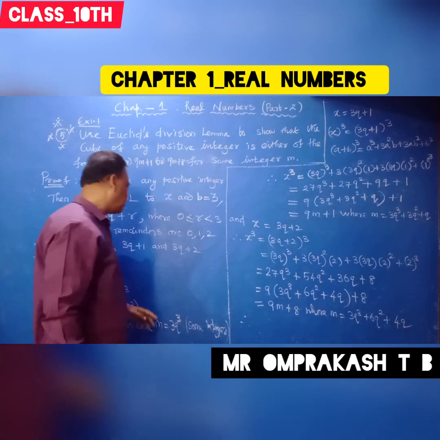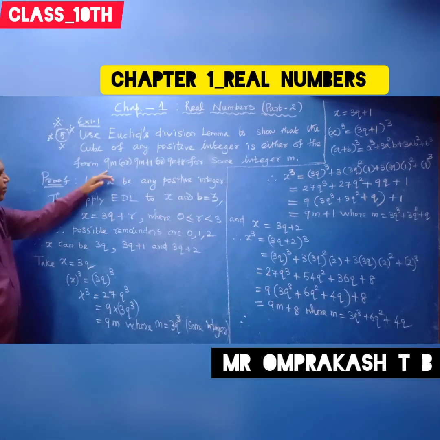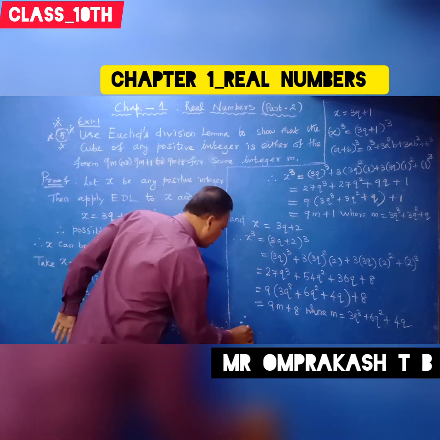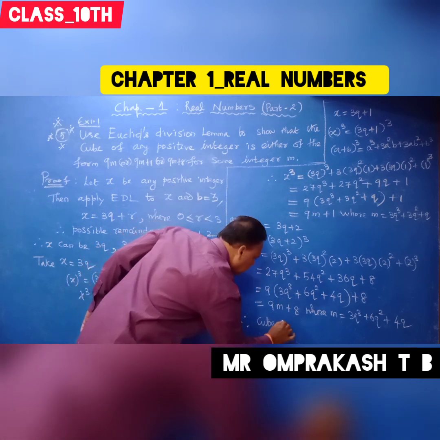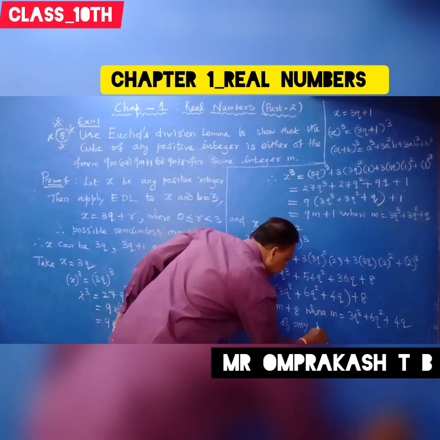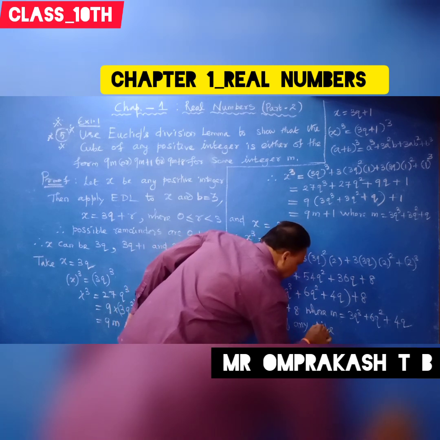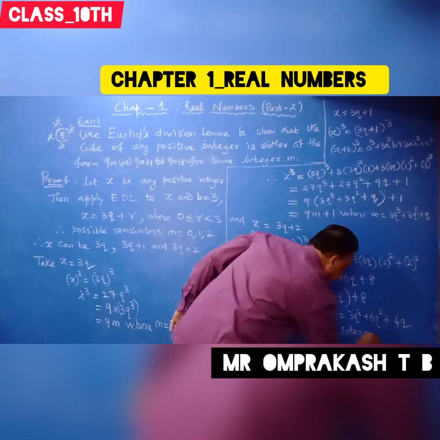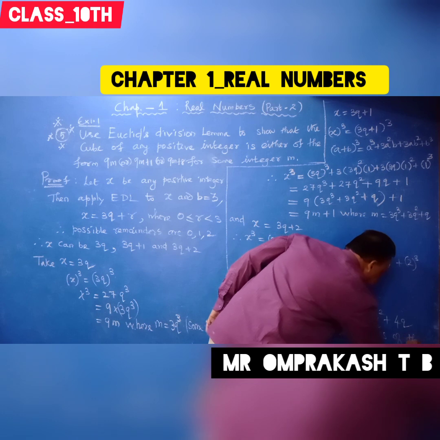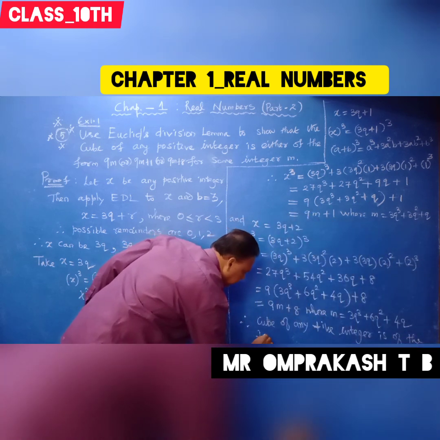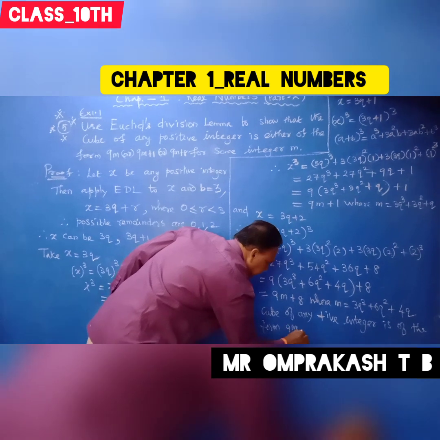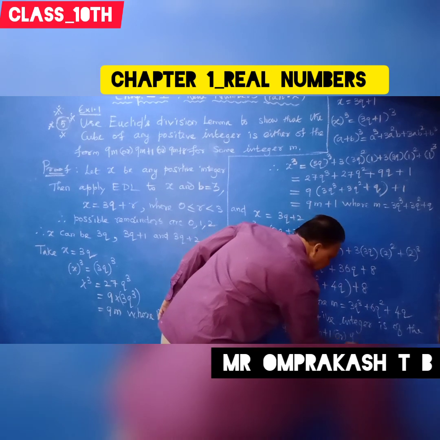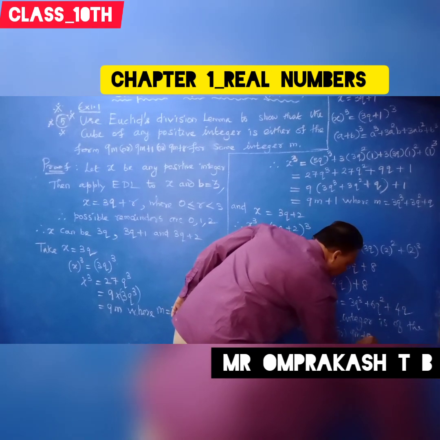Therefore, you see, for all 3 cases you get the form either 9m or 9m plus 1 or 9m plus 8. Clear? Therefore, the cube of any positive integer is of the form 9m or 9m plus 1 or 9m plus 8.